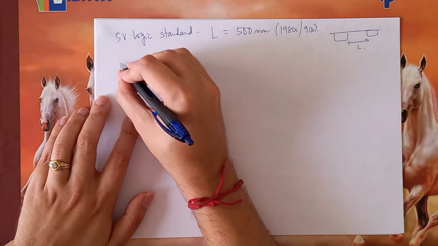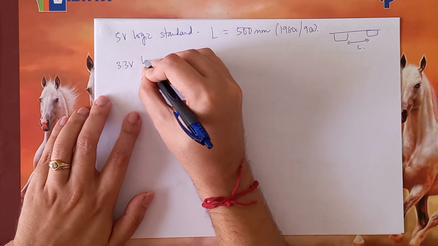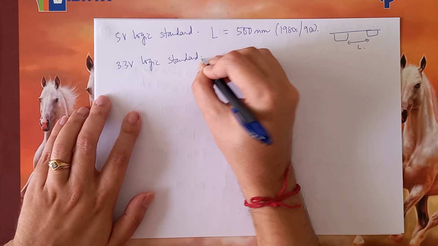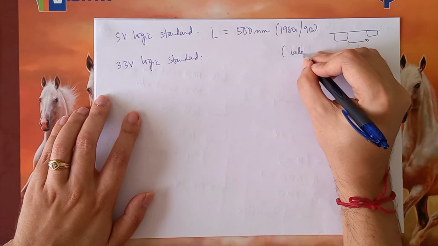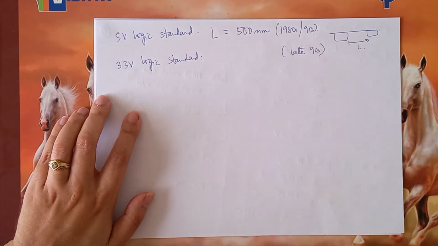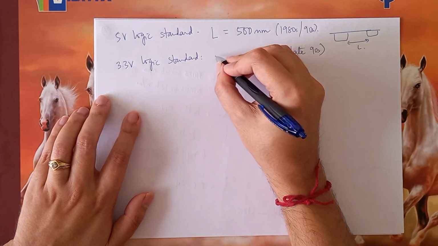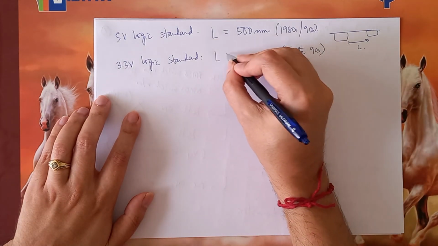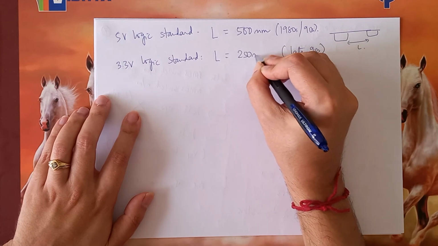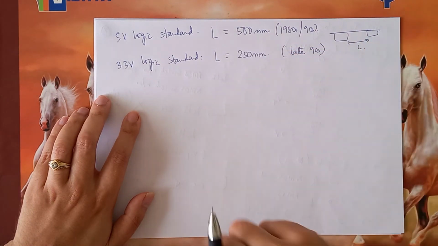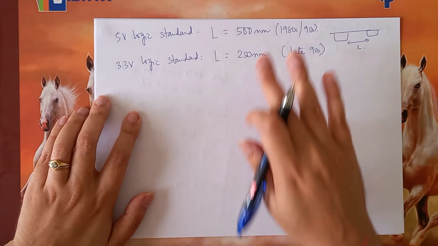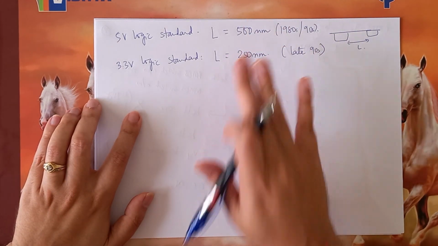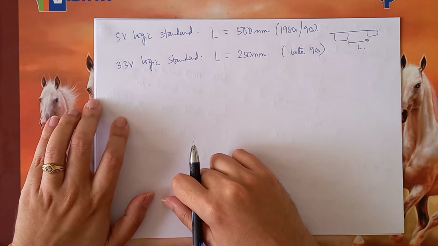In the late 90s, they came up to something called the 3.3 volt logic standard. In this case, a very popular value of L was 250 nanometers. So the transistors were made even smaller, to be precise, half the size.